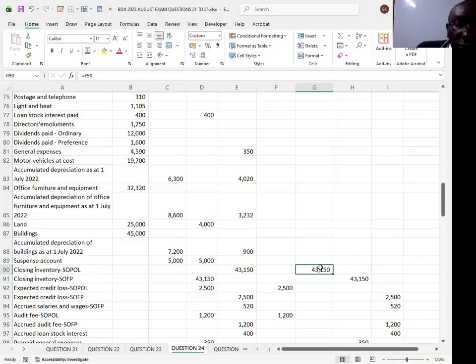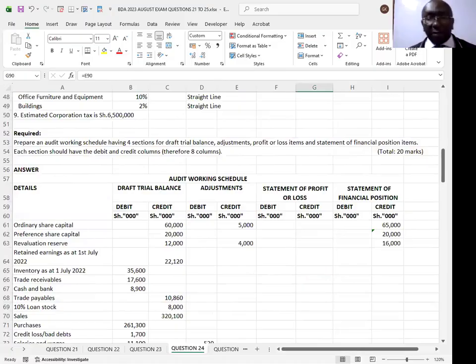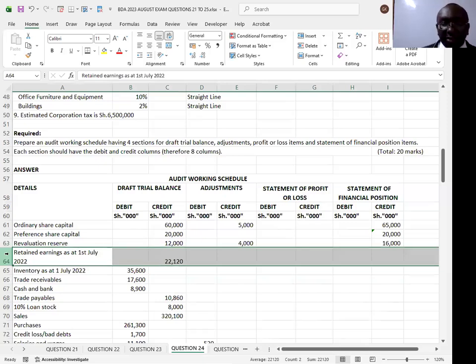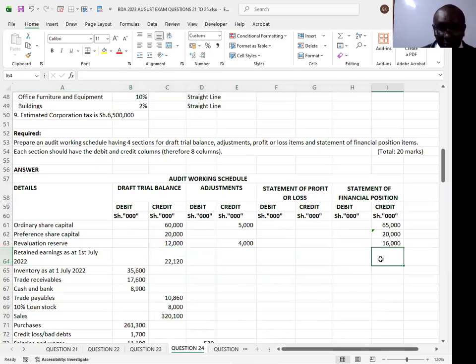Good. So, tulikuwa tumefika hapa. Revaluation tumemaliza. Retained earnings, no adjustment. So, tuilete tu ikiwa hivyo.